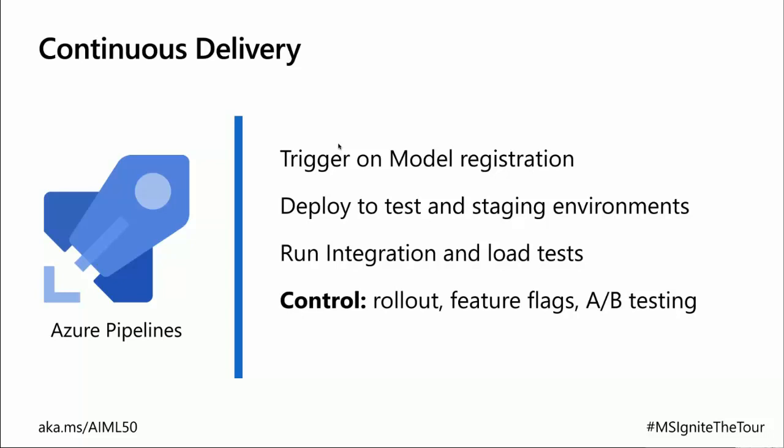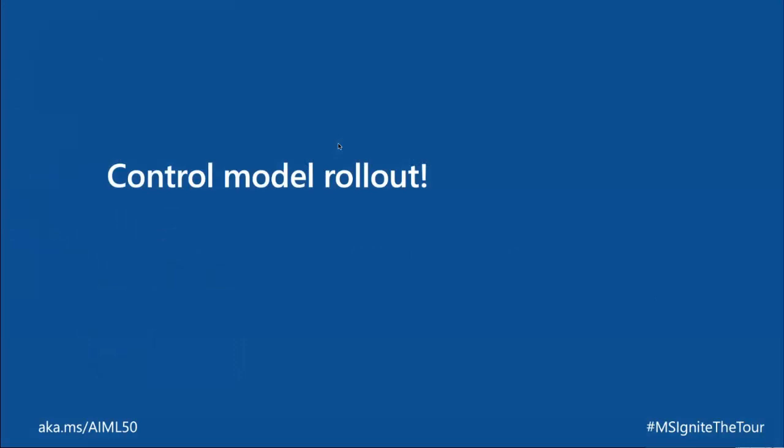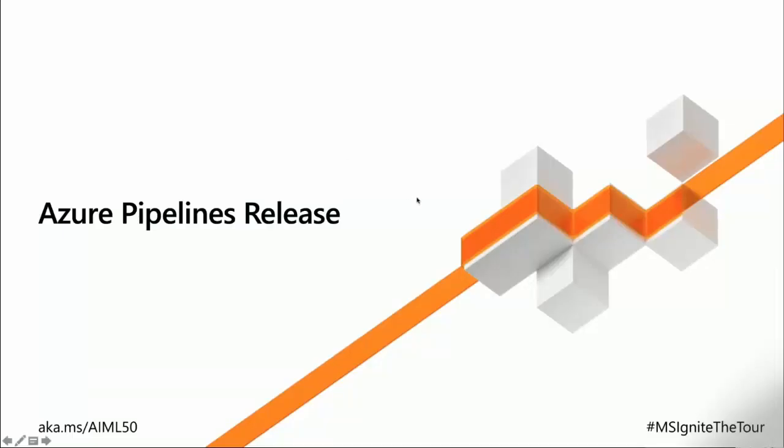Azure DevOps, using that for the continuous delivery, gives me the opportunity to ensure quality when I actually deliver that model to production. The important point here is that we're controlling that model rollout exactly the same way we do with our software. So rather than just deploying any new model to production, we want to control that rollout. So let's have a look at what that looks like.